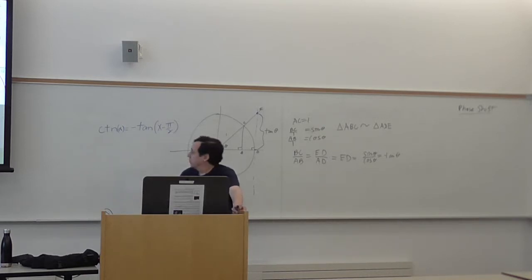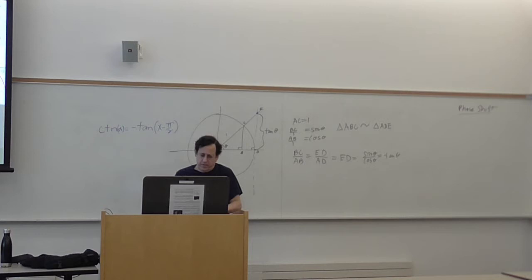Now once you put the negative sign on. The phase shift, since the period of the tangent and the cotangent is just pi, a phase shift of pi over 2 is a 180-degree phase shift.